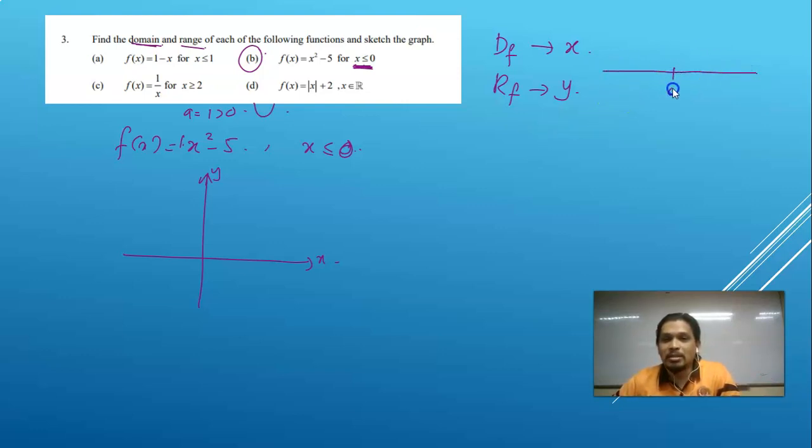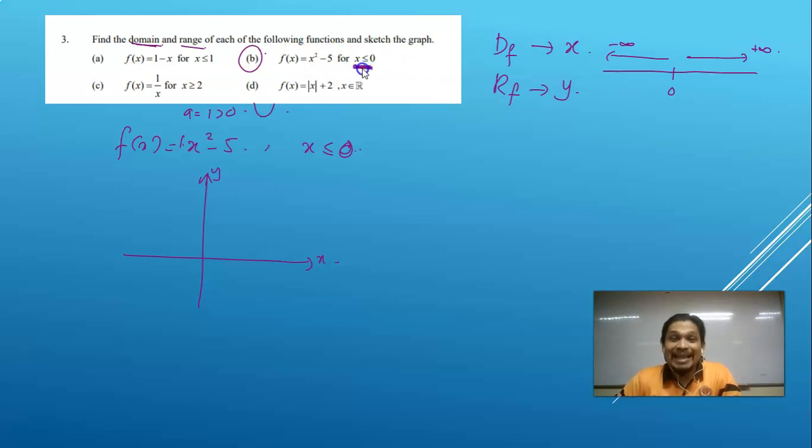Let's say this is 0, and the value of x goes to negative infinity and positive infinity. Any value of x we may substitute into this function and make the function defined. That is the domain of this function f, meaning all values of x can be used.